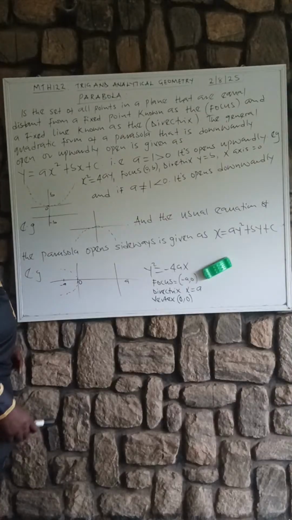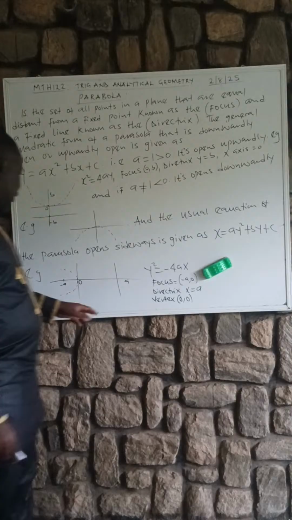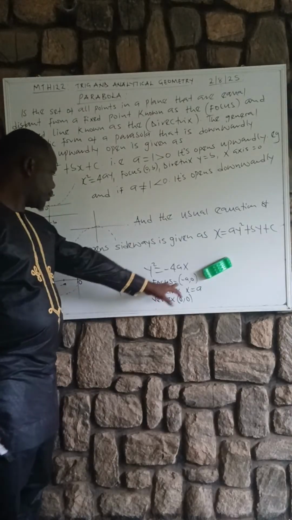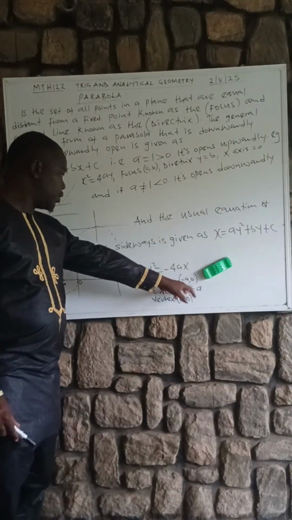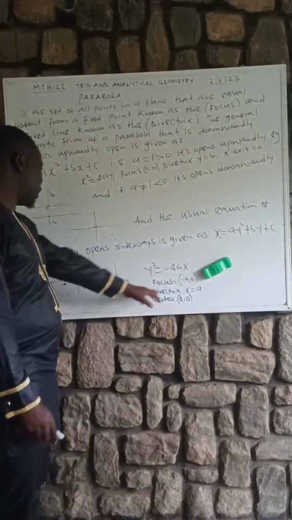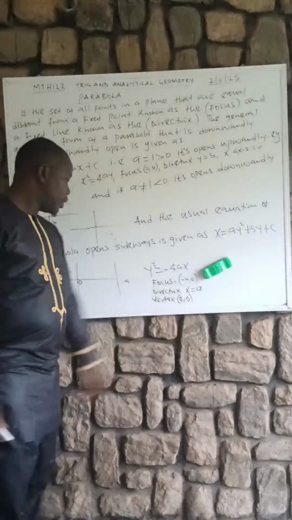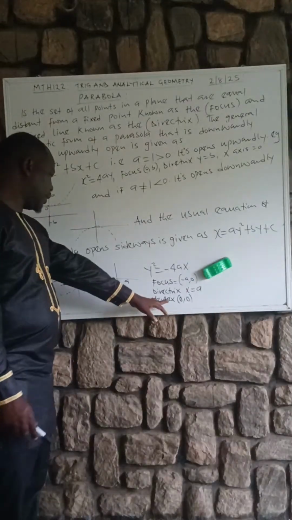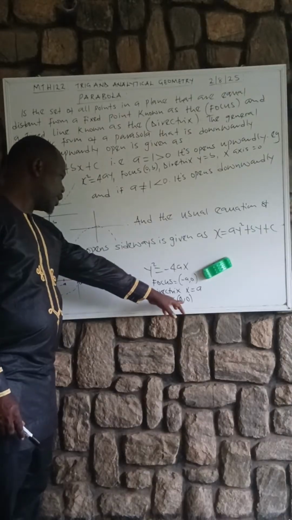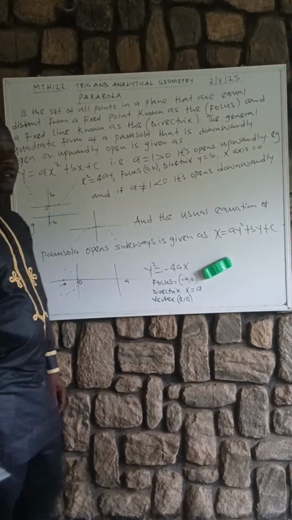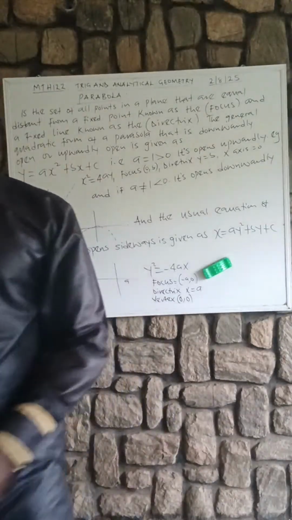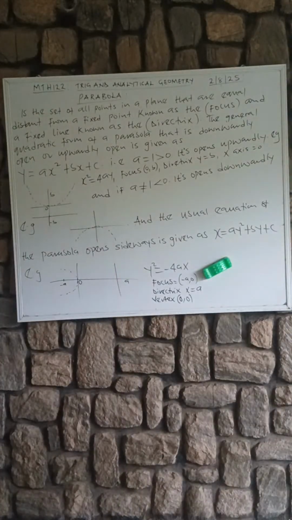So this implies that at the origin, minus a comma 0, the directrix x equals a, then the vertex is 0 comma 0. We'll be looking at some examples this morning.